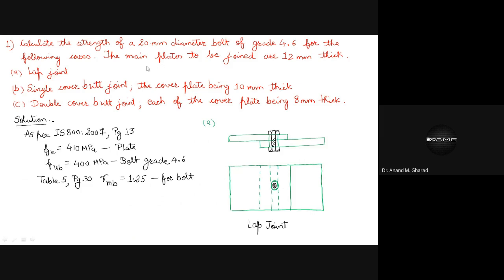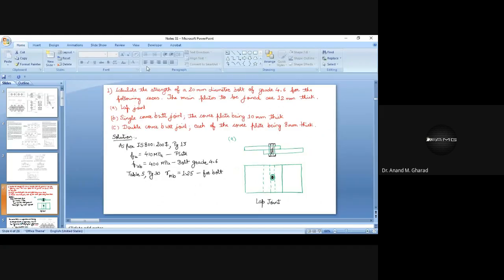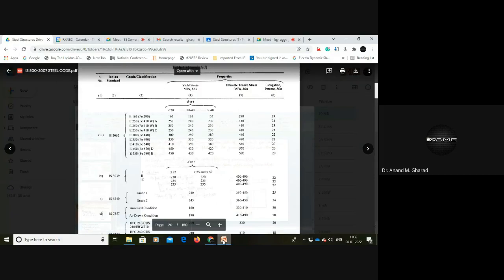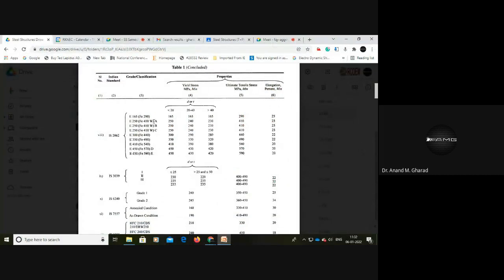So in such cases where the information related to the grade of the plate is not given, you are supposed to assume the grade of the plate to be this one, Fe410. Okay?